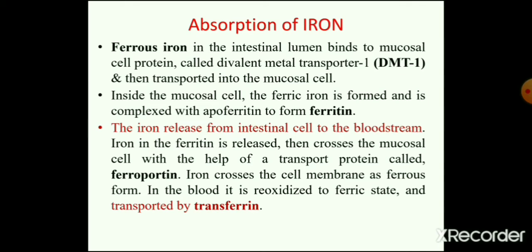In the blood, it is reoxidized to the ferric state and then transported by transferrin. That is, the transport form is transferrin. So in the blood, the ferrous is again converted to ferric by ceruloplasmin, which has ferroxidase activity. Then the ferric combines with apotransferrin to form transferrin, which is the transport form. So that is the usual thing happening.